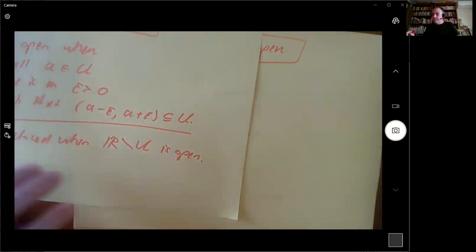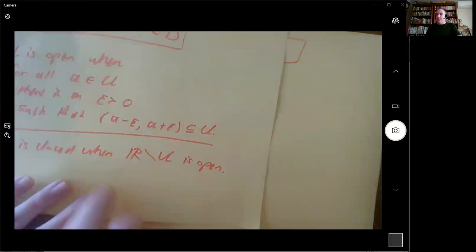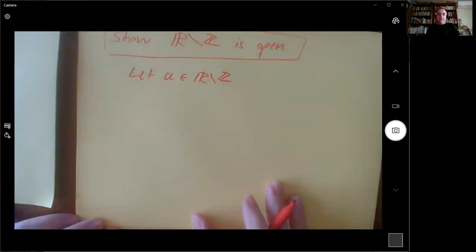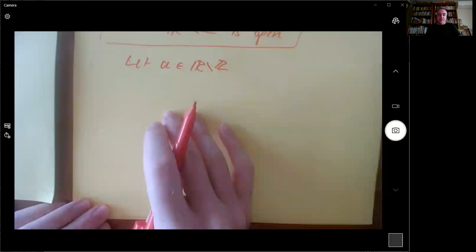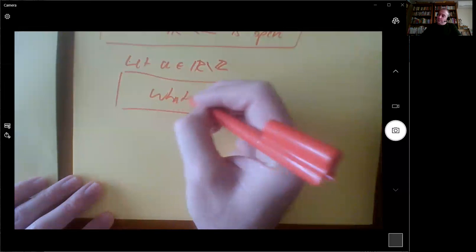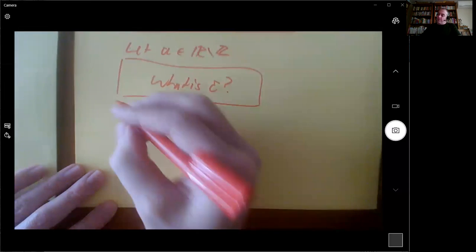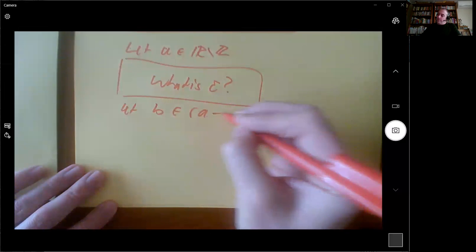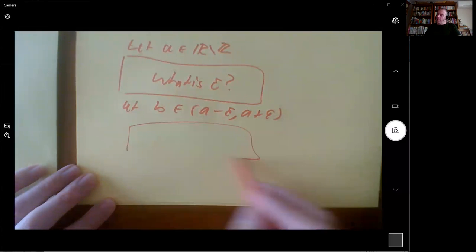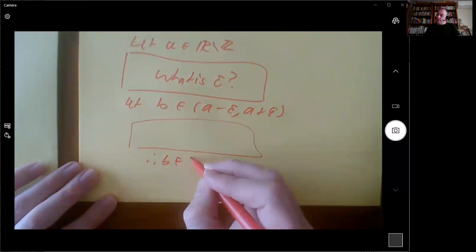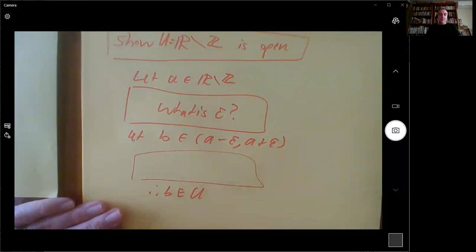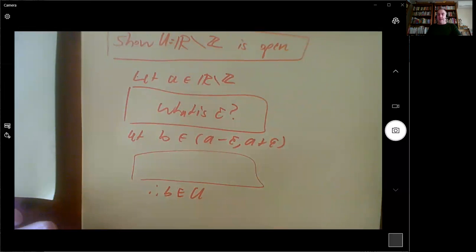And then I need to argue that for every B in this interval, it's contained in U. So this bit here has to be what is epsilon. And then I have to say let B be in this interval. And then I have to do some working and conclude that B is in U. All right, that's the plan for my proof.